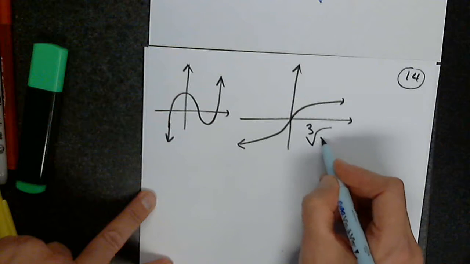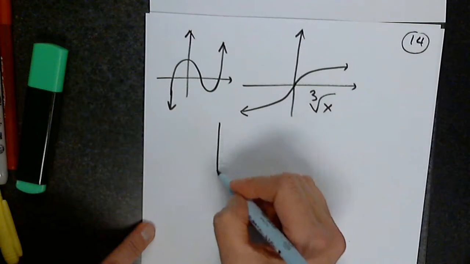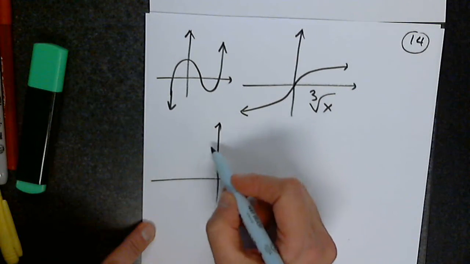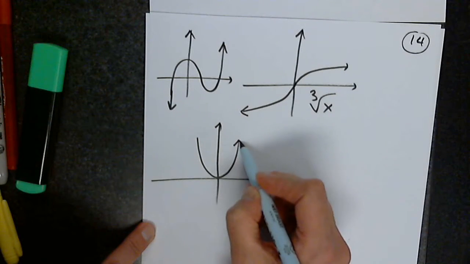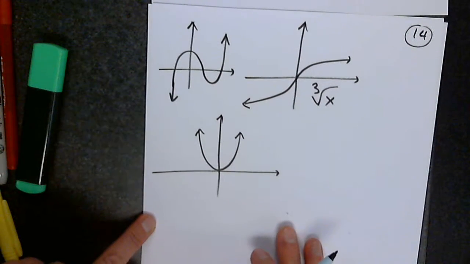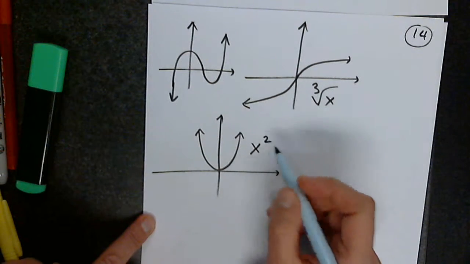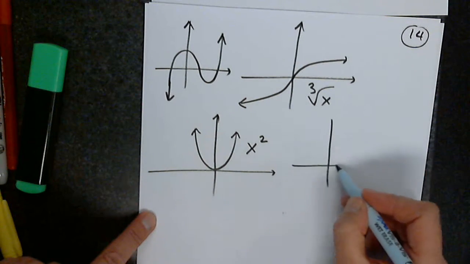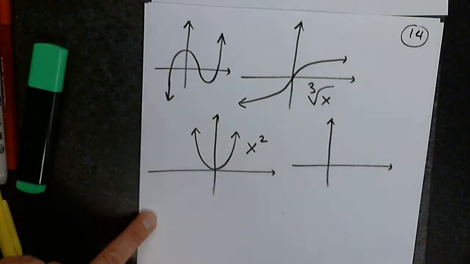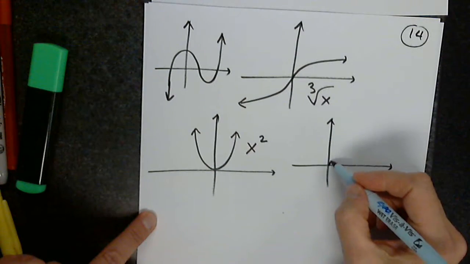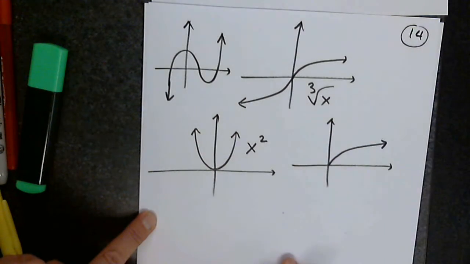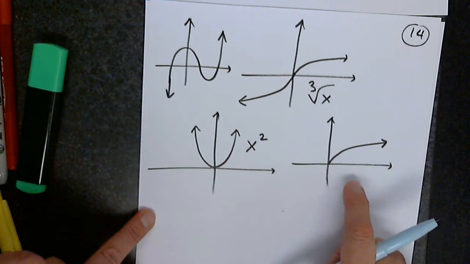Very good, the cube root of x. Then I'm going to ask you, what is this? Which we graphed a lot. Very good, excellent. And I'm going to choose one more. This one. Can anyone explain which function is this?